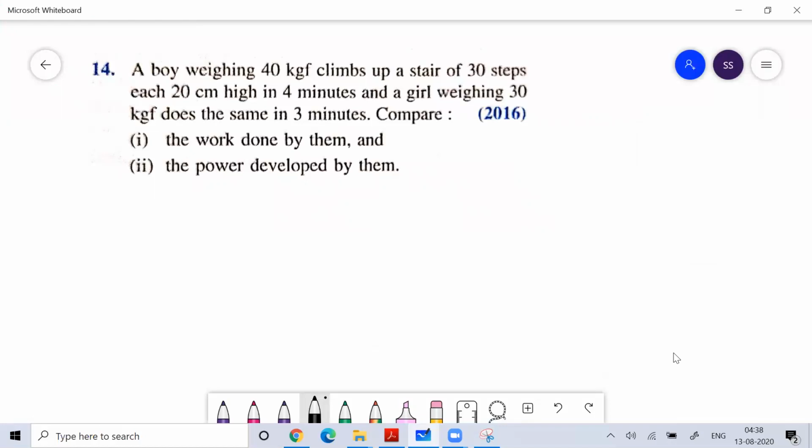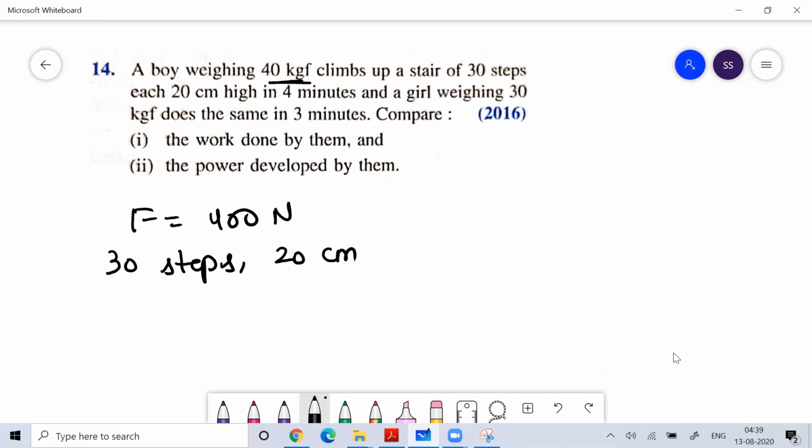Now see question number 14. A boy weighing 40 kgf, so the force here would be 400 Newton, climbs up stairs of 30 steps, each 20 centimeter high. Time is 4 minutes.